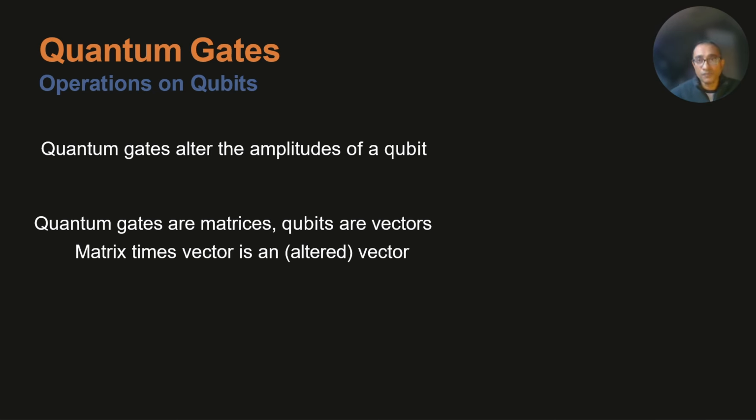Now, if you look further down, quantum gates are nothing more than matrices. And what are matrices? For that, I suggest you look at the series on quantum linear algebra, which we also did last year.